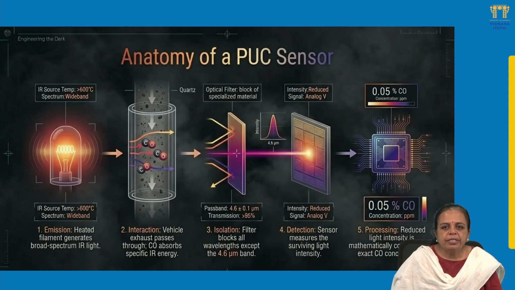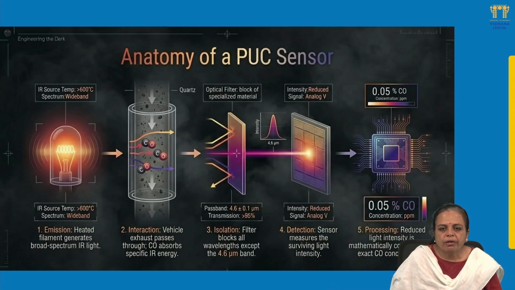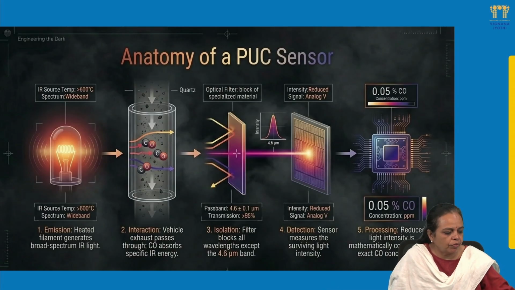After that, the intensity will be reduced and give a signal, and then it goes to processing, which gives how much CO concentration is there. We can convert it with some mathematical calculations in the software.